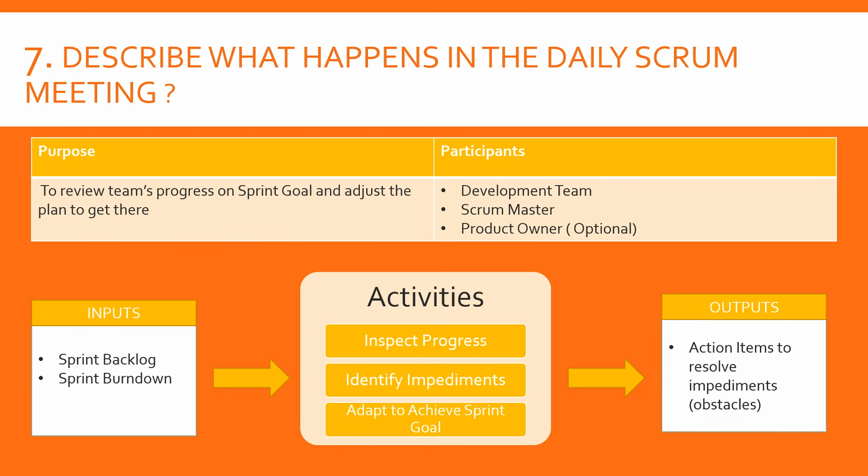Those can be identified, and then usually a follow-up call or meeting would be set up to work on resolving those impediments. Usually it's all driven by a Scrum Master.